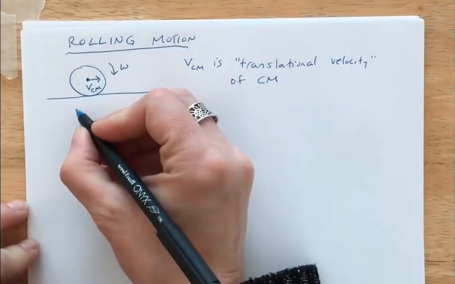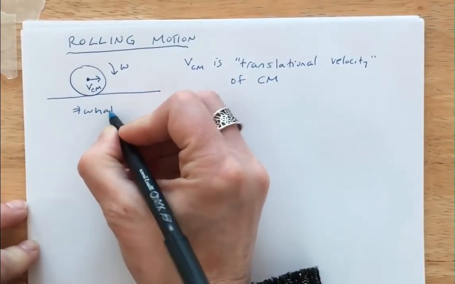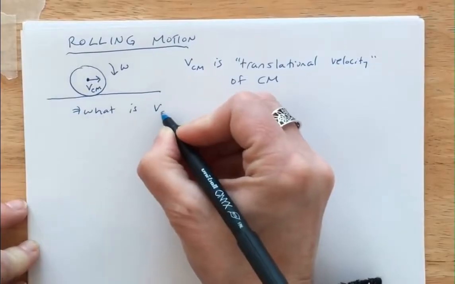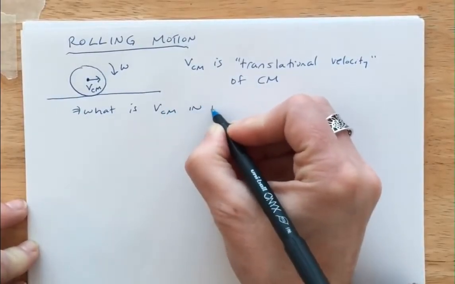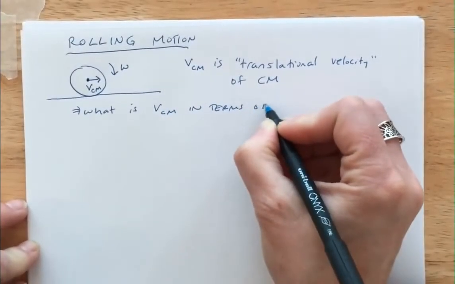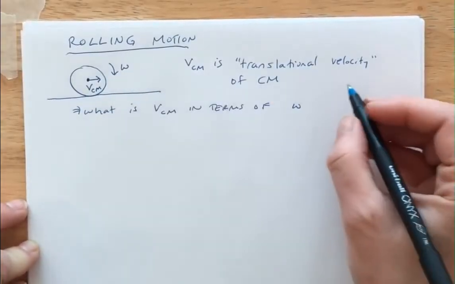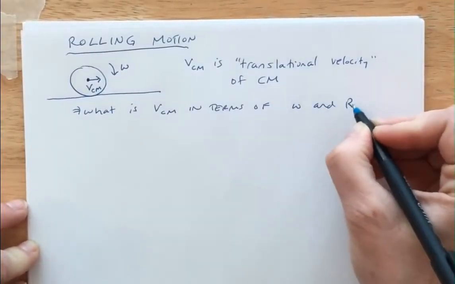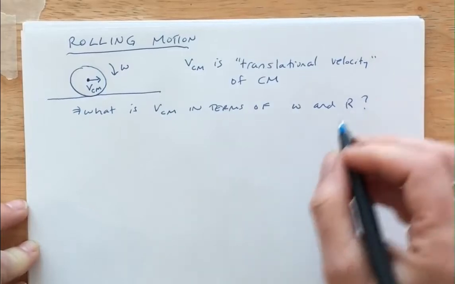And so the question then is, what is v_cm in terms of omega, the angular velocity, and r, the radius of the wheel?